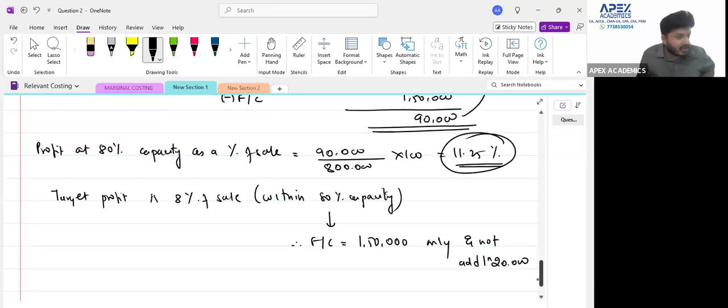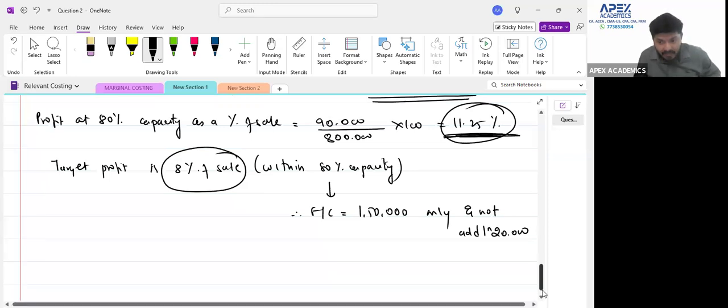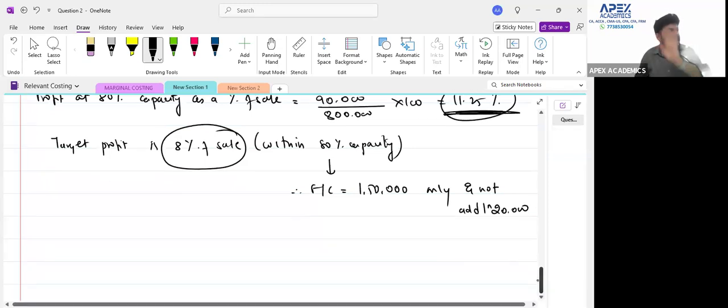Correct. Therefore, your target is how much? Are you within 80%? Yes, because at 80% how much is it? 11.25%. So for 8% you are within 80%. Understood? So what will your fixed cost be? 1,50,000. Now please understand.